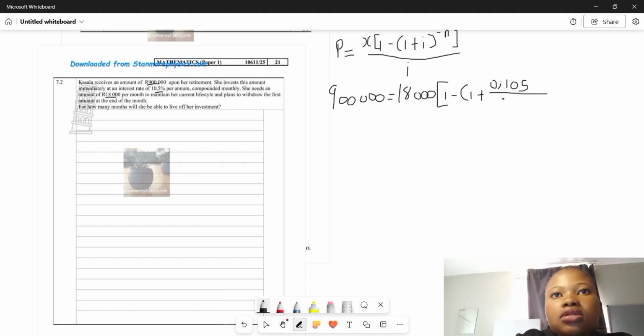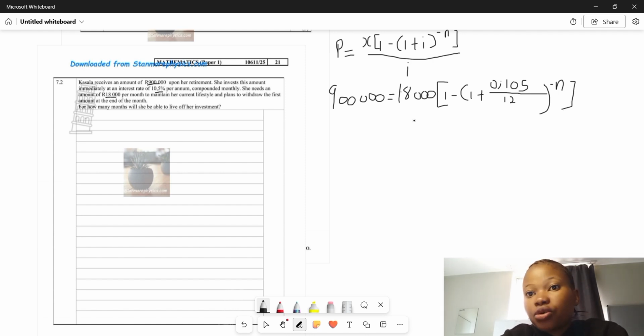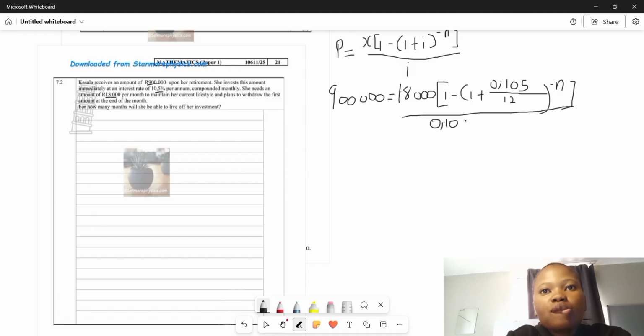So in this case we are solving for n. When you're solving for n, you see that n is an exponent, so at some point we have to include the log. So now we are going to write. The marker is acting up.